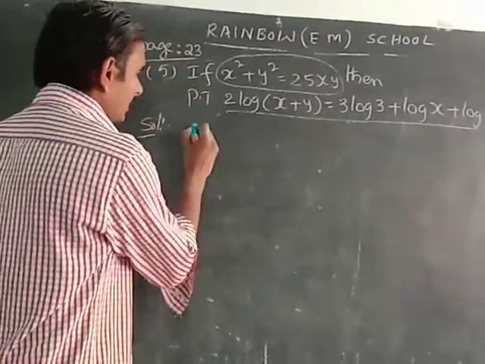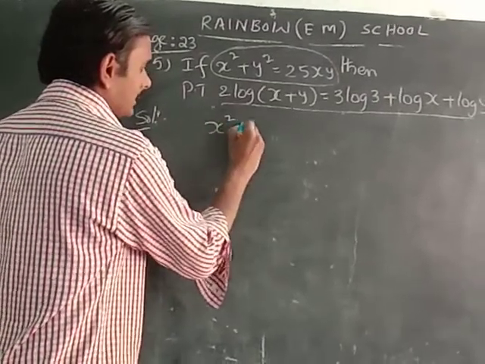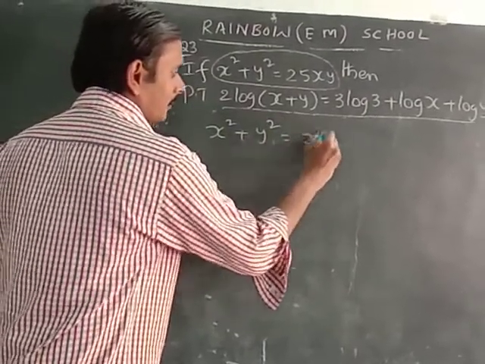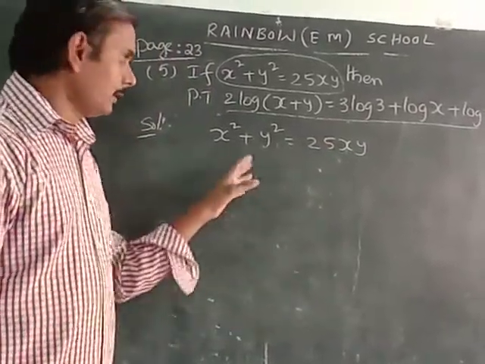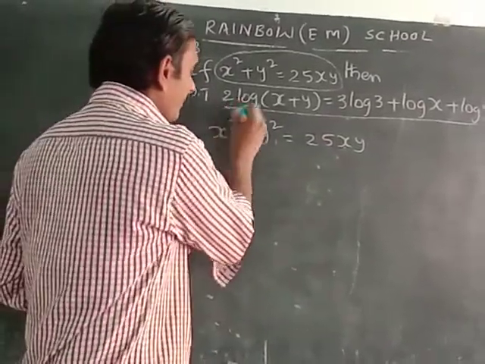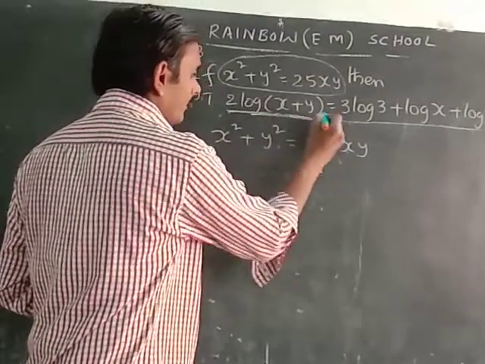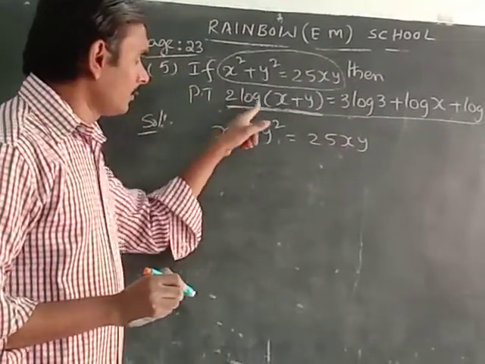Okay, what is the equation given there? x square plus y square equal to 25xy. One thing to remember, a very important point here. After the proof, we have plus in 2 log (x plus y).